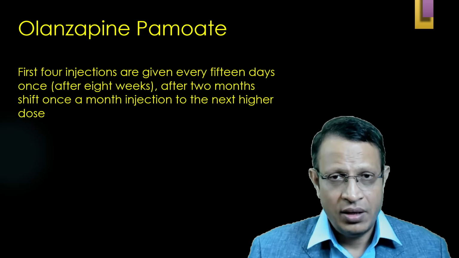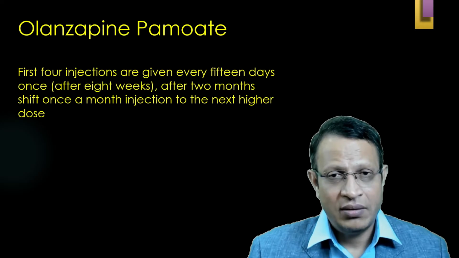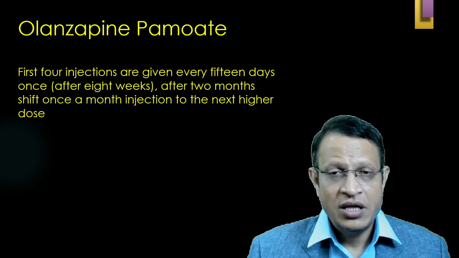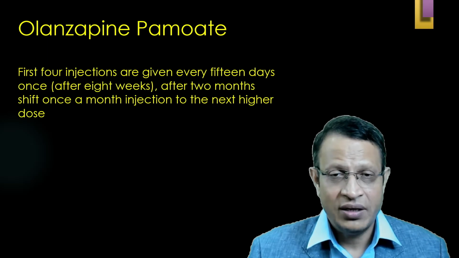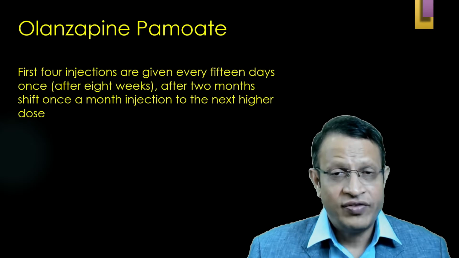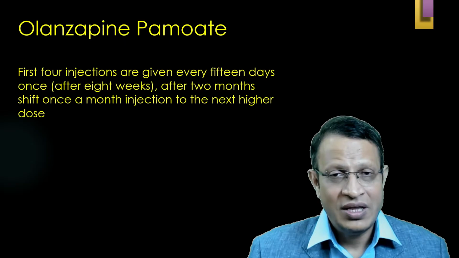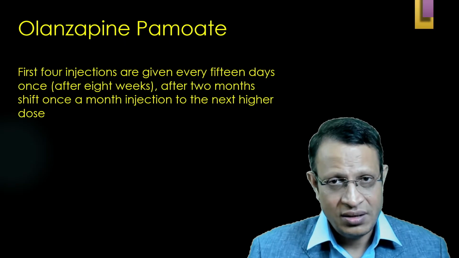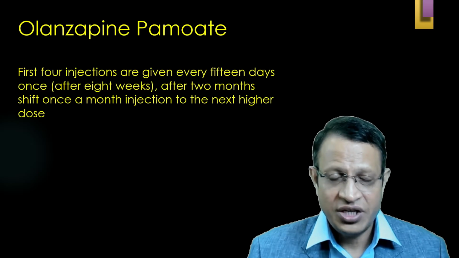Please remember, when you give olanzapine pamoate, the first 4 doses are given once every 15 days. After the 4 doses, you will shift them to the next higher dosage, given as a once a month injection.